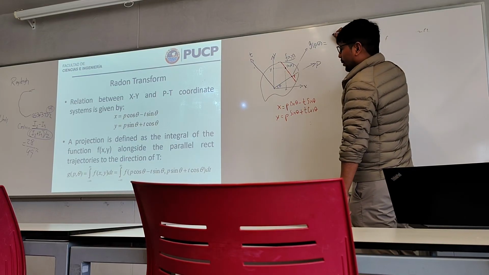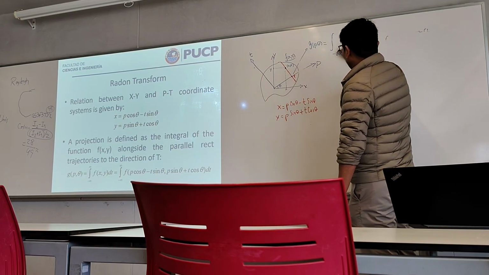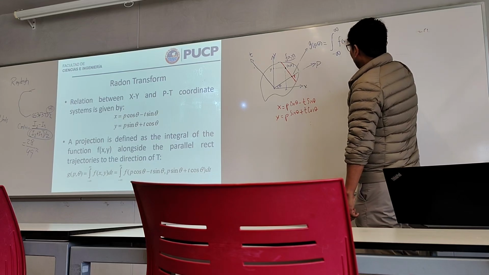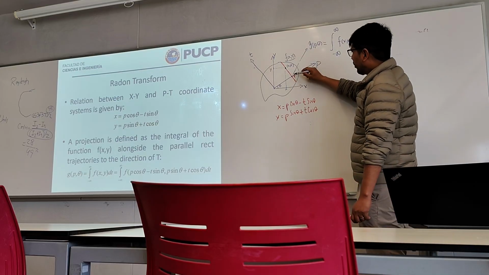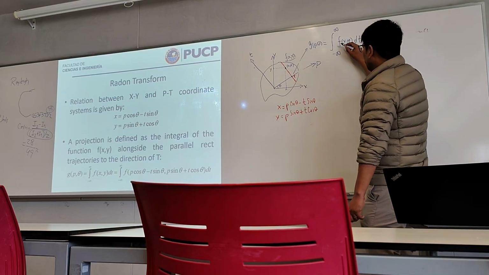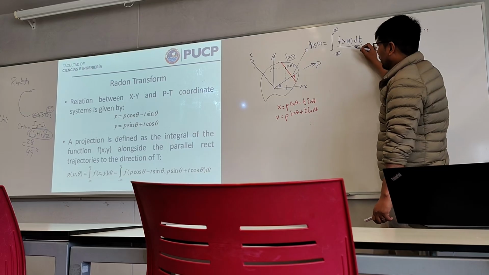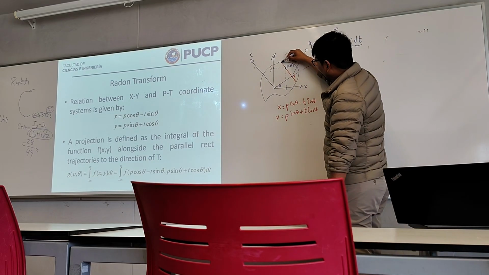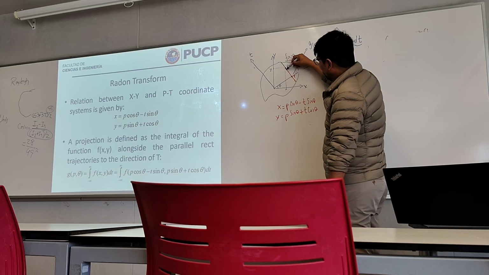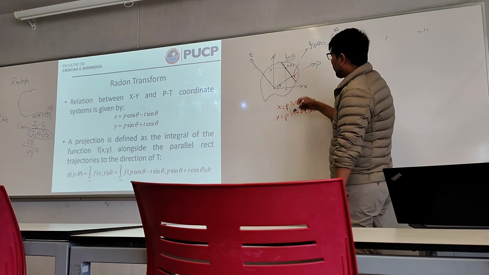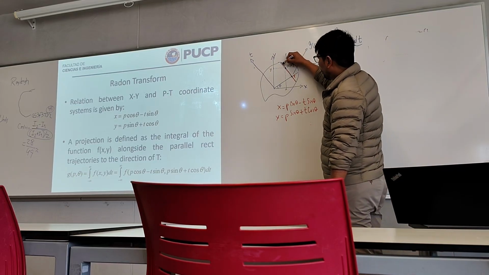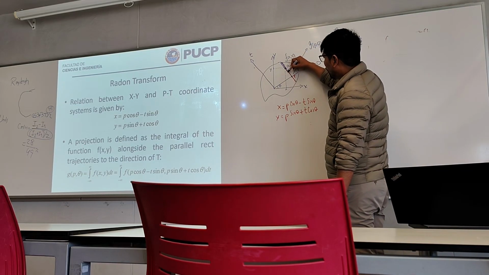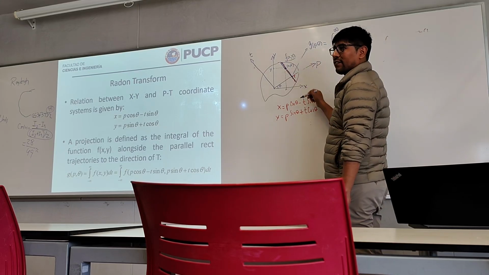I will write it here. It's the integral of the function along dt. Basically, the amplitude here will be the integral of f(x, y) in the direction t, in this direction. If this was a unique amplitude, like all the pixels here with the same amplitude, that integral would basically be the length of this function.